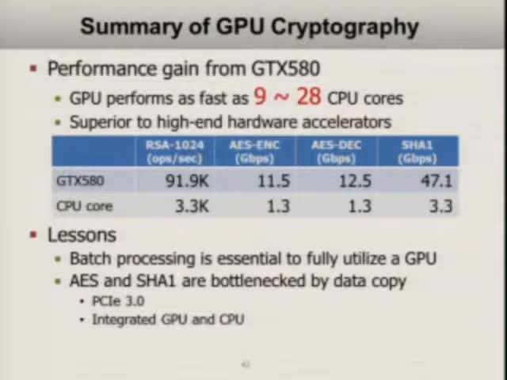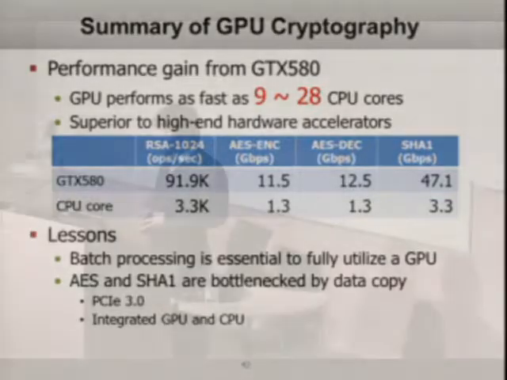This is the performance we see with this pipelining. We observe 36 to 51% improvement in maximum throughput, and GPU achieves performance of 9 CPU cores for AES and 14 CPU cores for SHA-1. As a summary of GPU cryptography, we show that GPU can perform as fast as 9 to 28 CPU cores depending on the algorithm.